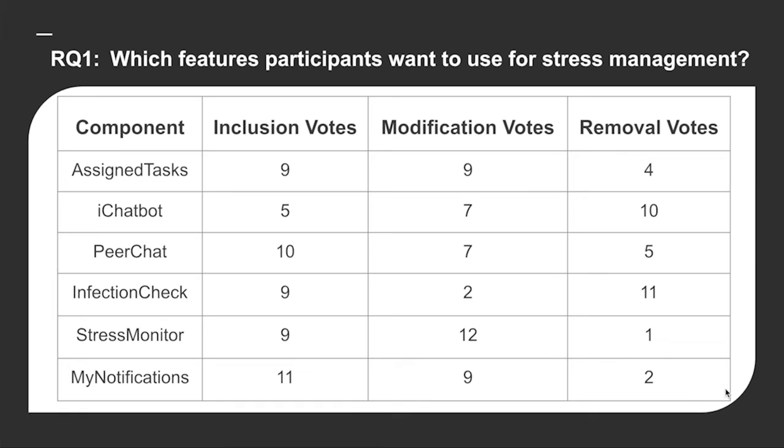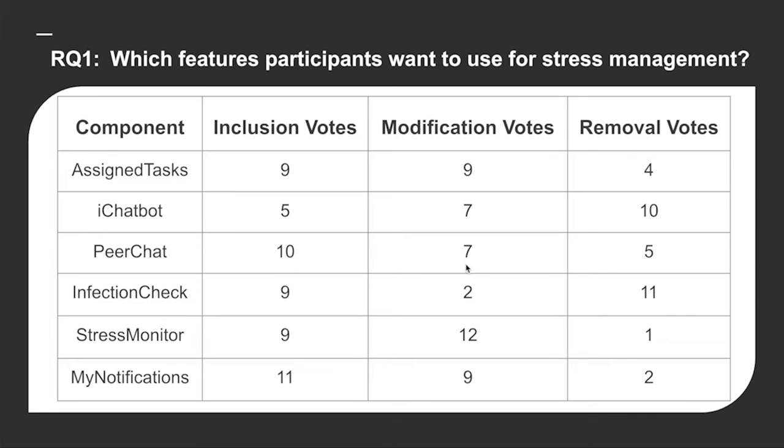In terms of their voting, this is how the distribution looked like. Most participants voted for the inclusion and modification of the stress monitor. Only one participant thought that it should be removed. My notifications feature was also found to be very acceptable by the participants, and most of them voted to either include it or make some modifications to it.